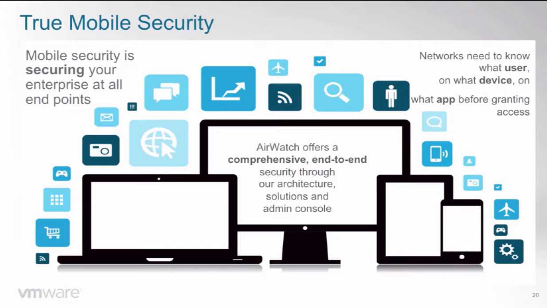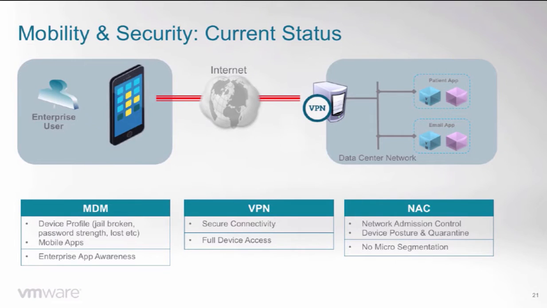So AirWatch is the product group within VMware that offers a comprehensive end-to-end security architecture for mobile environments. Now we're going to talk a little bit about how you pair AirWatch with NSX for microsegmentation, which we talked about earlier, to create an environment that is vastly different than what we have in mobile security environments today, much more secure, but not taking any feature functionality away from the enterprise user.